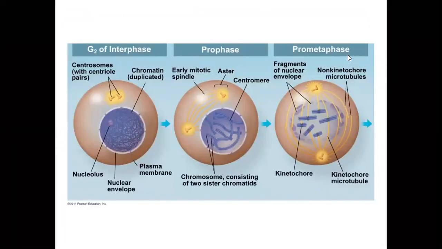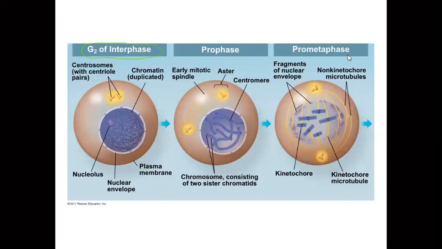Okay, so this illustration just shows you the events in the mitotic phase and the corresponding processes that happen in each stage. So right before the mitosis, you have the G2 of the interphase.